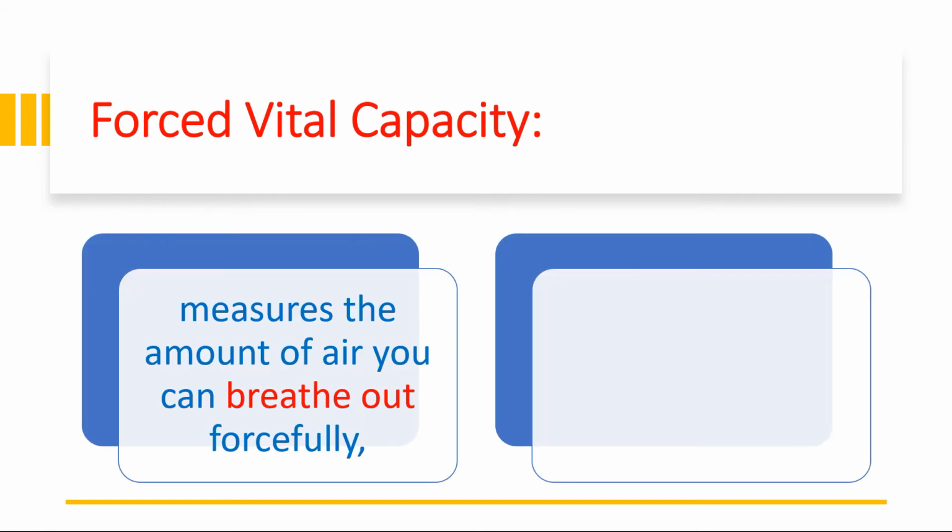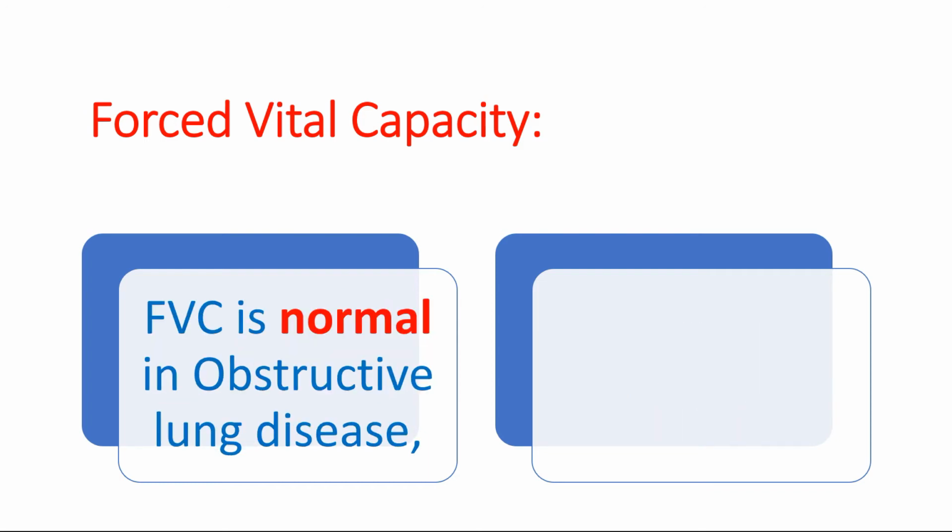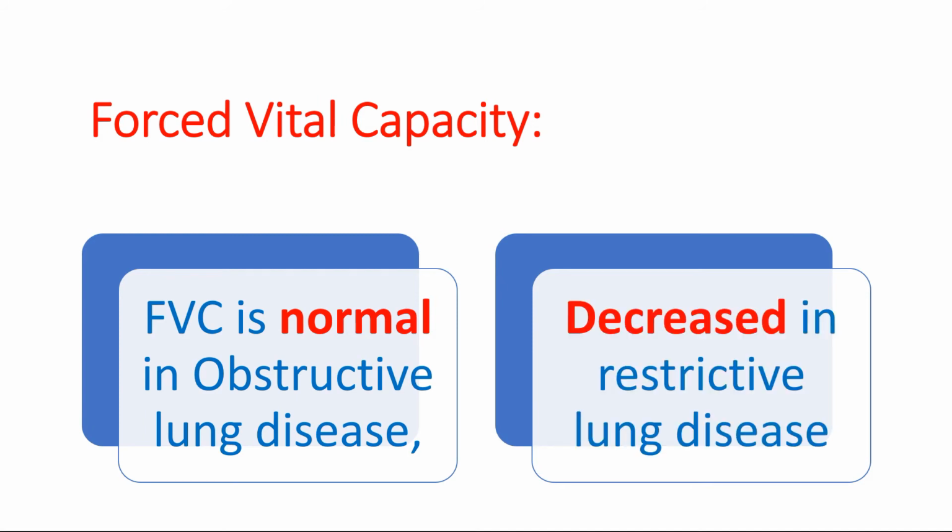What is forced vital capacity? This measures the amount of air you can breathe out forcefully after taking as deep a breath as possible. Forced vital capacity is normal in obstructive lung disease, and it is decreased in restrictive lung disease.